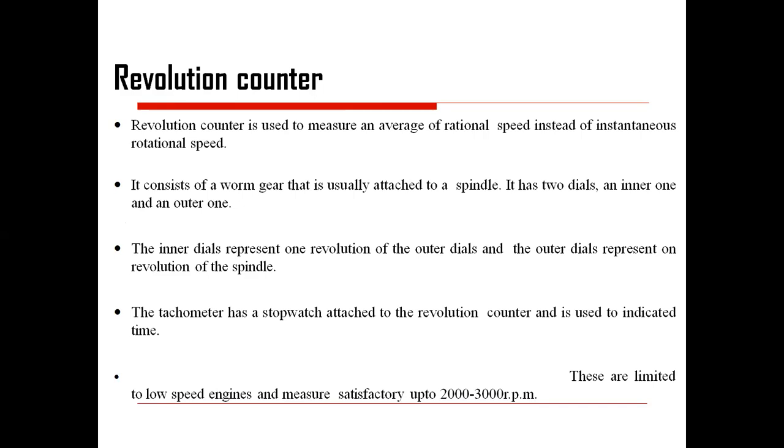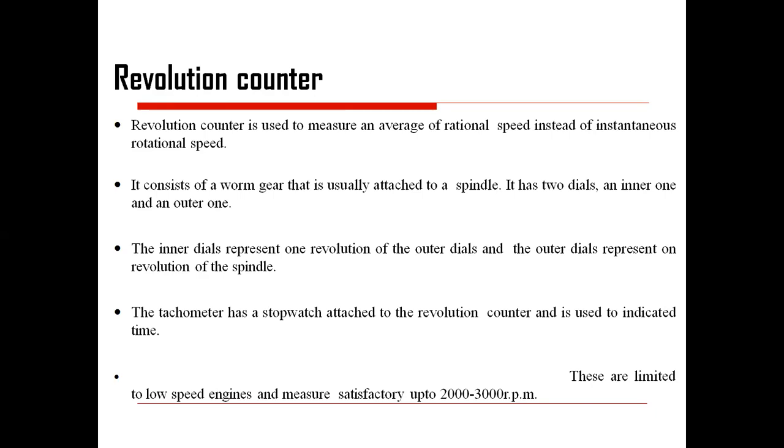In this one, as the revolution counter or pointer is attached to the rotating shaft, it provides the revolutions, and this indicates how many revolutions in a second or a minute it has covered. Based on that we can determine the speed of the rotating shaft.